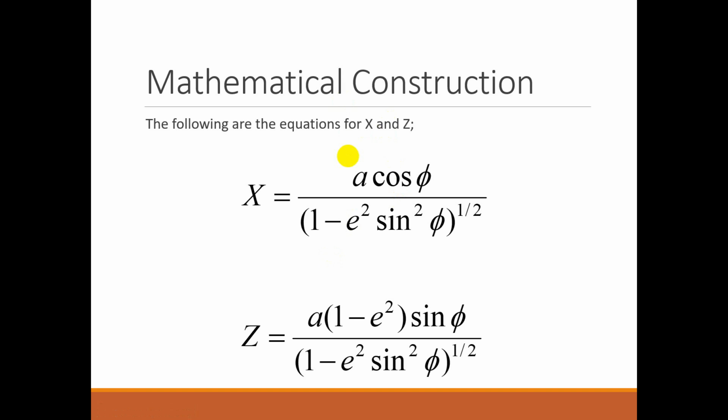Here's the formula for x and z coordinates. x is equal to a cosine phi all over (1 minus e squared sine squared phi) raised to 1/2. And for the z coordinate, a times (1 minus e squared) times sine phi all over (1 minus e squared sine squared phi) raised to 1/2.